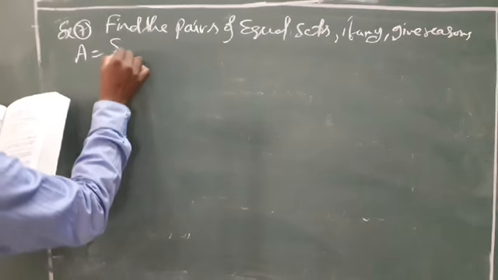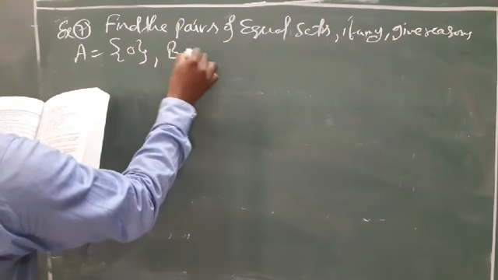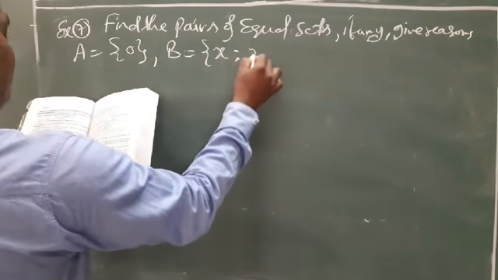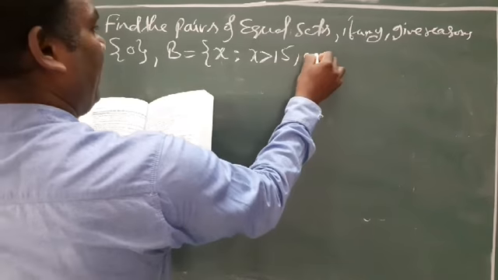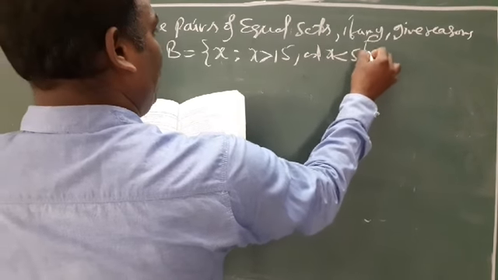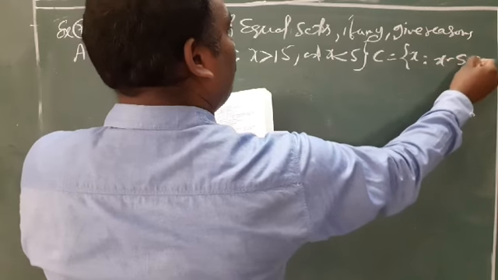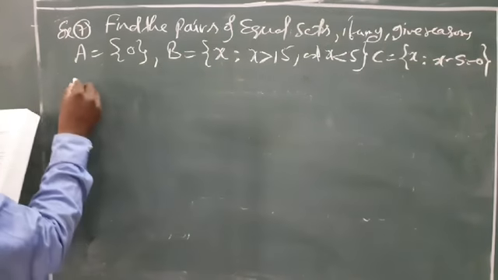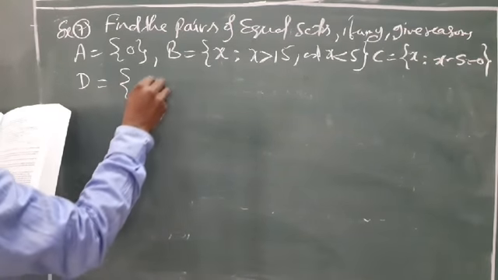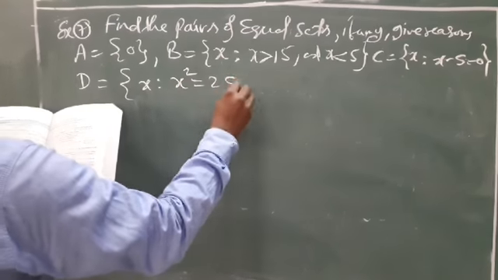A is equal to the set of 0. B is equal to the set of x such that x is greater than 15 and x is less than 5. C is equal to the set of x such that x minus 5 equals 0. D is equal to the set of x such that x squared equals 25.